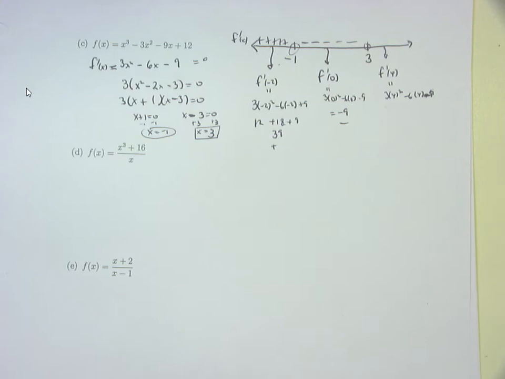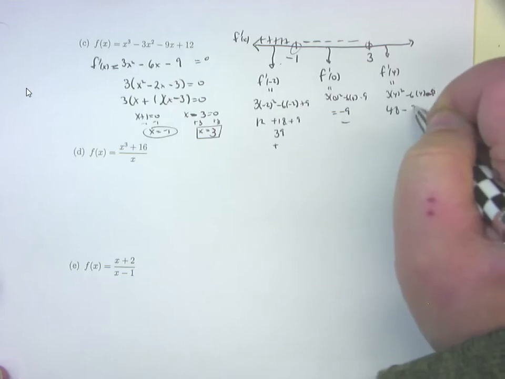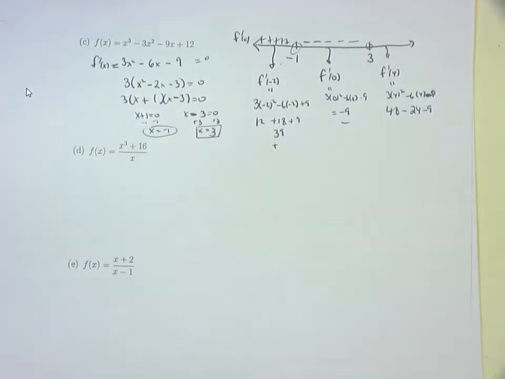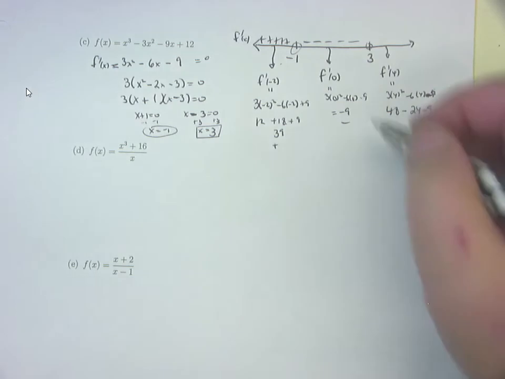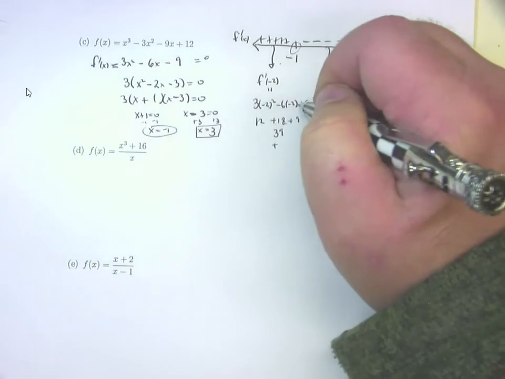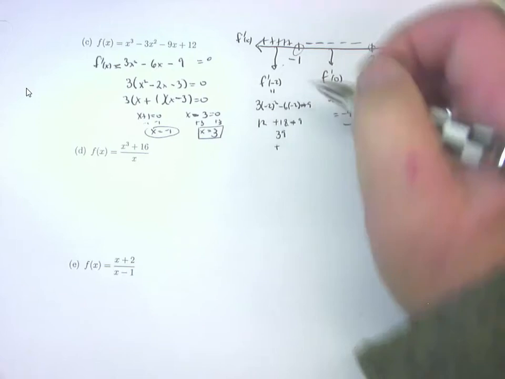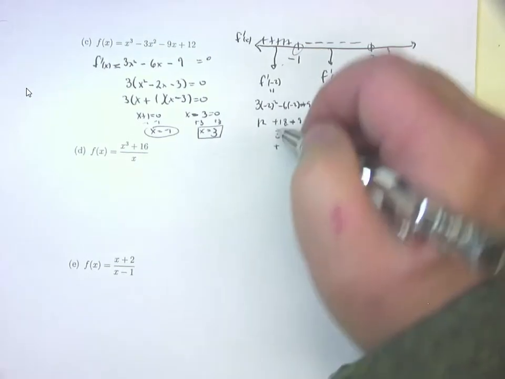Double check my math. 16 times 3 is, yep, 48. Minus 6 times 4 is 24, minus 9. 48 minus 24 minus 9 is 15. I don't know, this should have been a minus 9, shouldn't it? Okay, minus 9, and that would have been what? 21 or something like that?